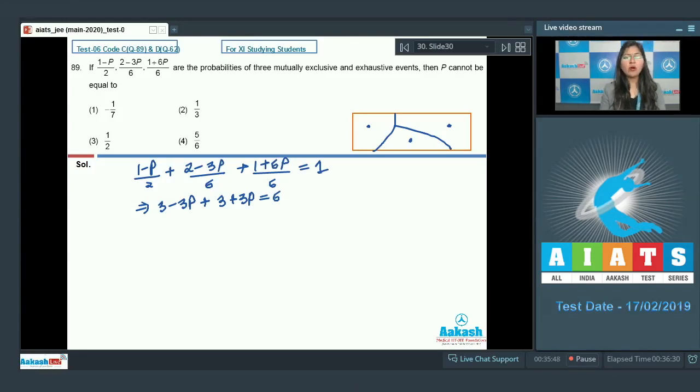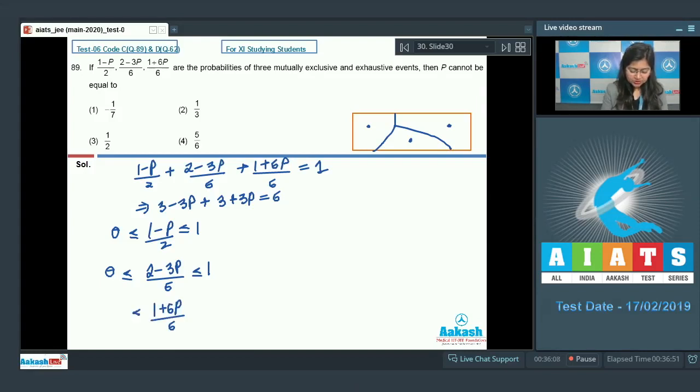So this is true for all the values of p. Next we have to apply that 1 minus p by 2 will go from 0 to 1. Also 2 minus 3p by 6 will go from 0 to 1 because the probability is always lying between 0 to 1. Also 1 plus 6p upon 6 will go from 0 to 1.